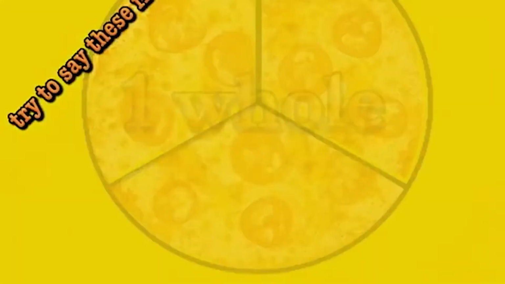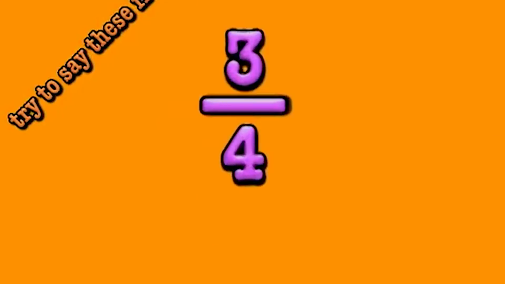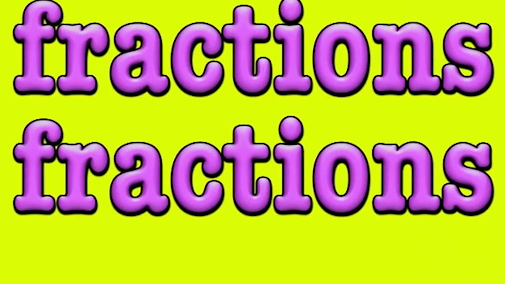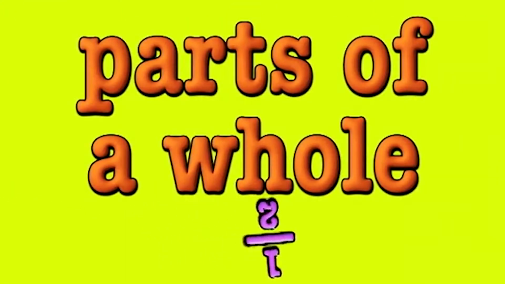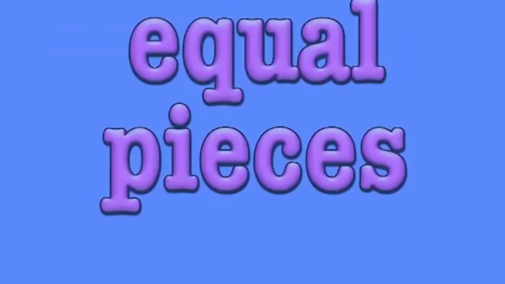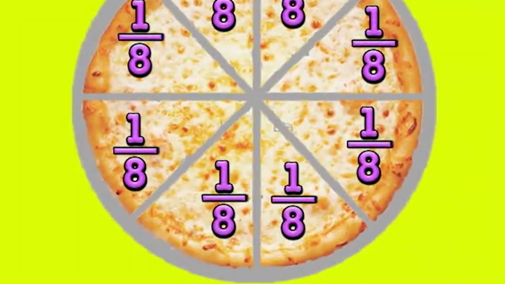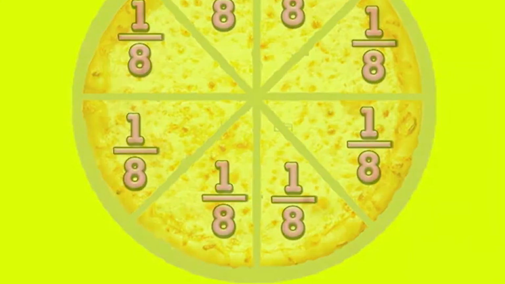Now try to say these fractions. 2/3, 3/4. Fractions, fractions, they're parts of a whole. Fractions, fractions, they're what I know. They're equal pieces, they're parts of a pie. Fractions, fractions, they're alright.